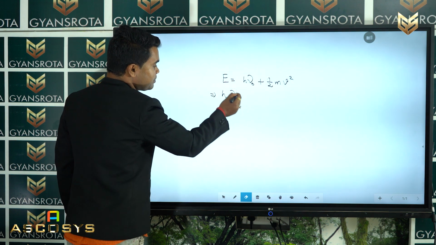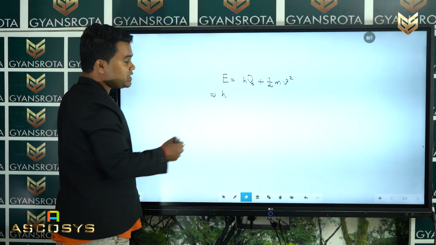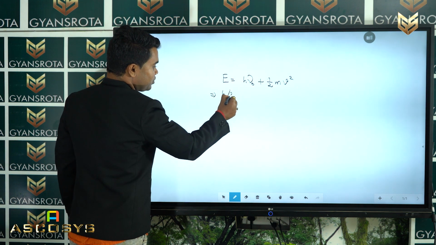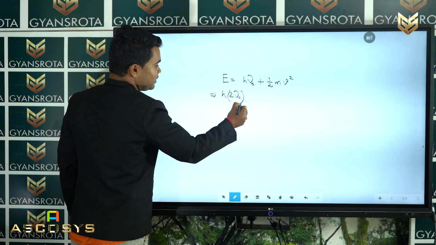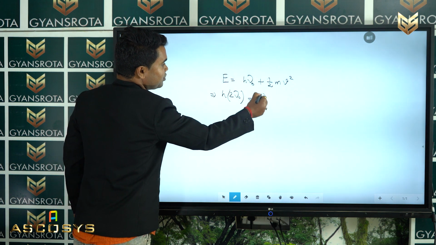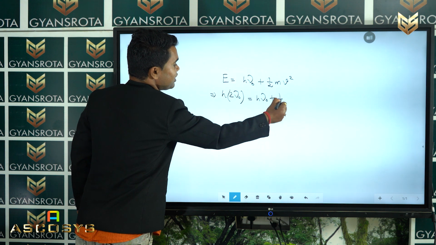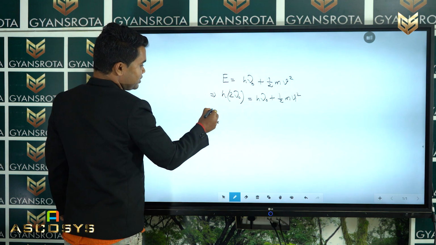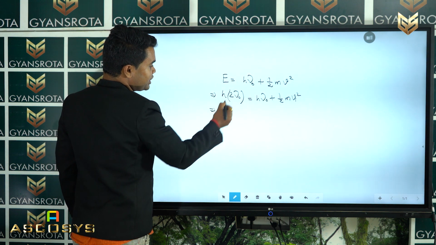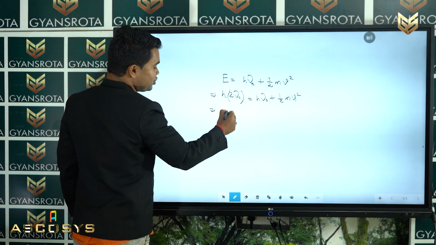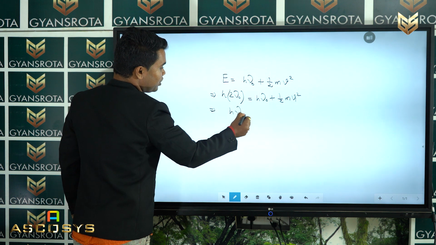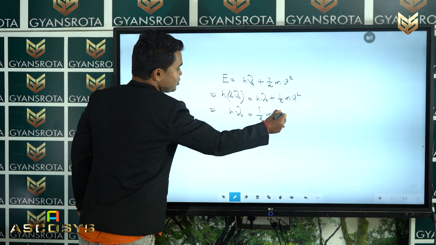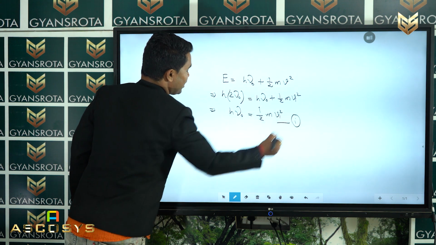For the first case, mu is twice mu naught, so it will be h times 2 mu naught, which is equal to h mu naught plus half m v1 square. So if I bring this h mu naught to the other side, h mu naught will be equal to half m v1 square. Put it as equation number 1.